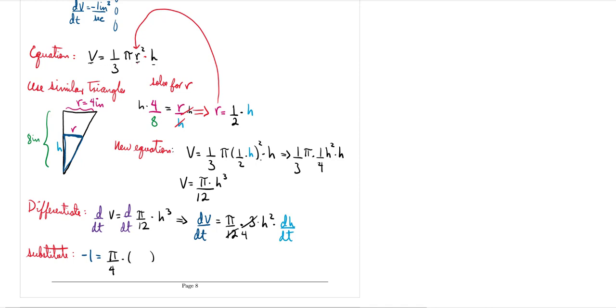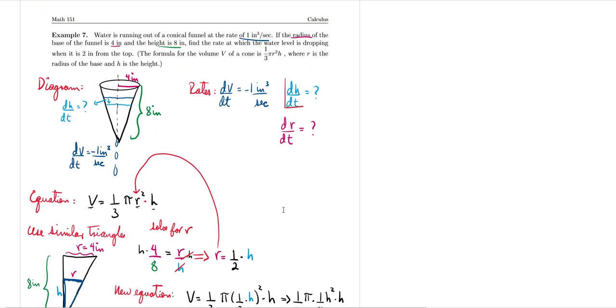Well, what was the height? Let's see. We're being told that we're interested in when the water is 2 inches from the top. So if the water is 2 inches from the top, then what's the height that we're focusing on?